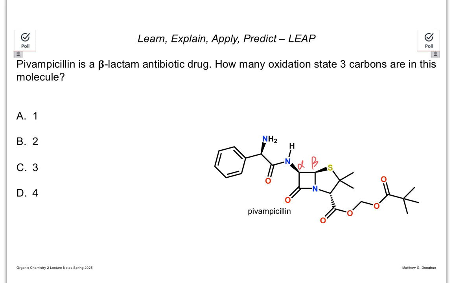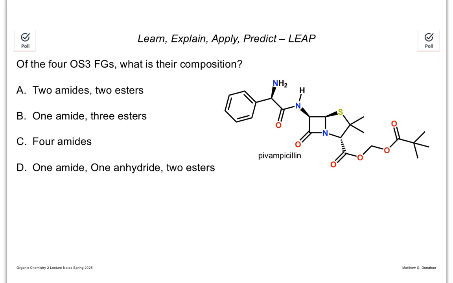So it says how many oxidation state 3 functional groups are present? So there's 4. We have a 3, a 3, a 3, and a 3. And so of those, if we just label them, so that's an amide.